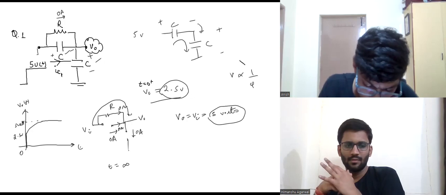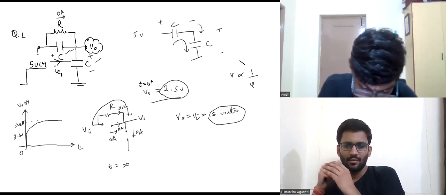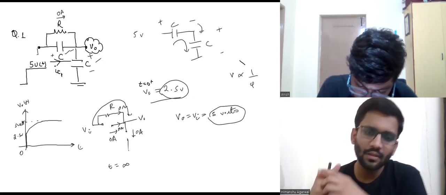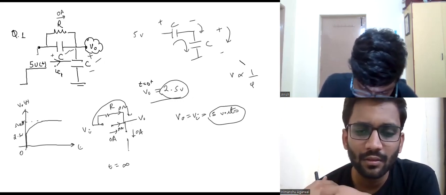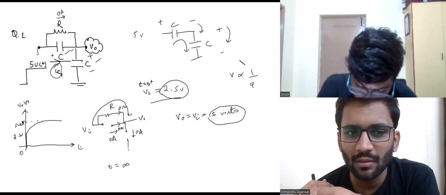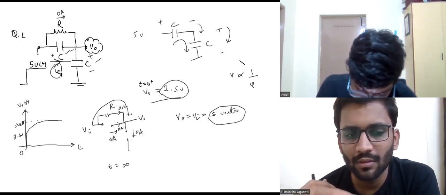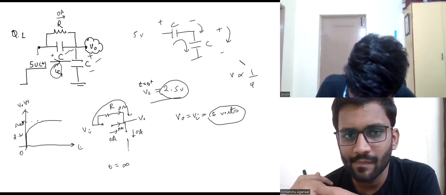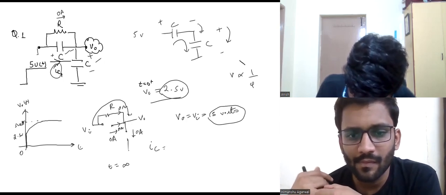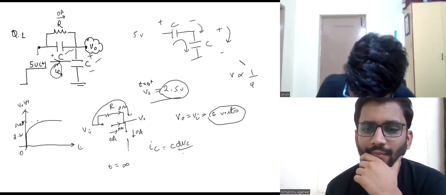Now plotting the IC1 will be easier because, as I told you, initially an impulse current will be flowing through both of these caps, so this IC1 will also contribute to that impulse current. Writing the equation, IC is equal to C dVc by dt.